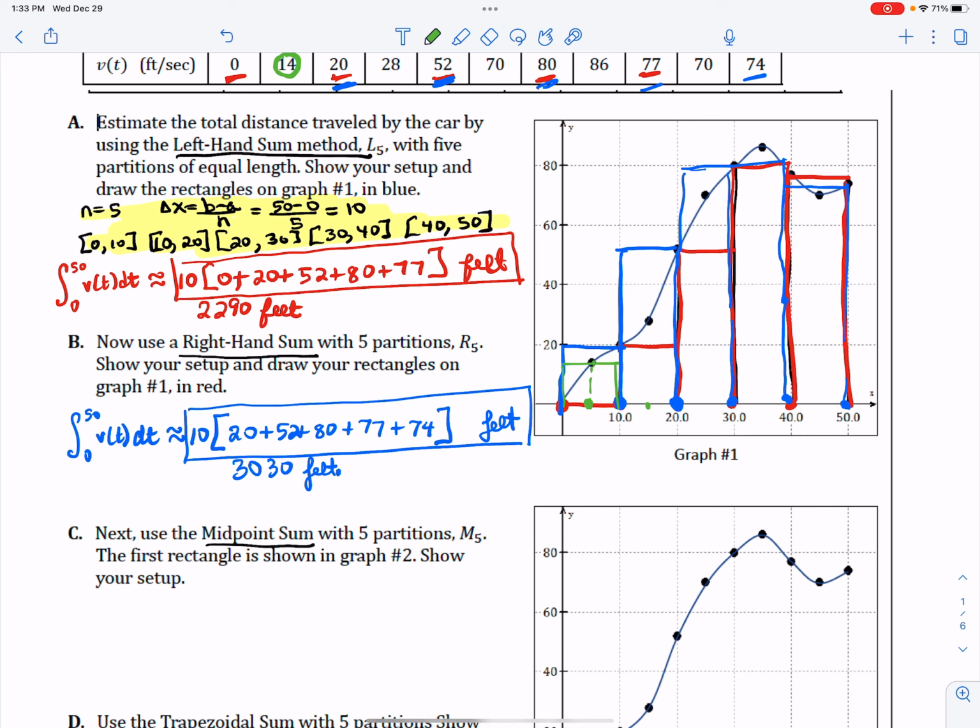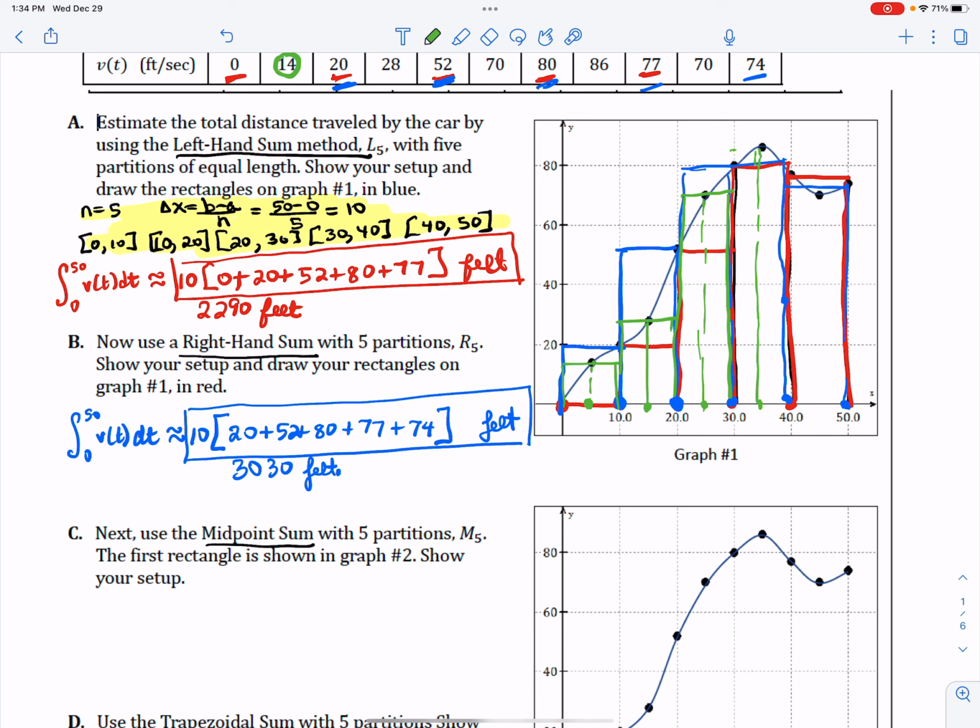And the next one would be 15. And the next one would be 25. And the next one is 35. So that would go up here somewhere.